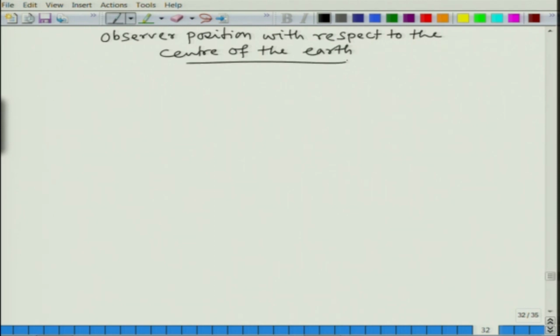That is what we are going to look at. Okay. So, let us say that we have our earth which is spherical, and you are somewhere here. Okay. So, now the center of the earth is here.